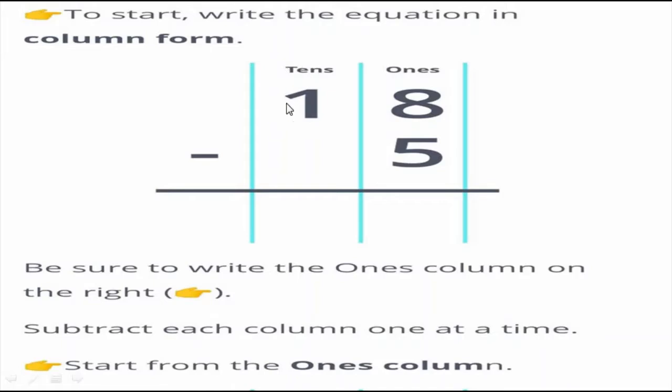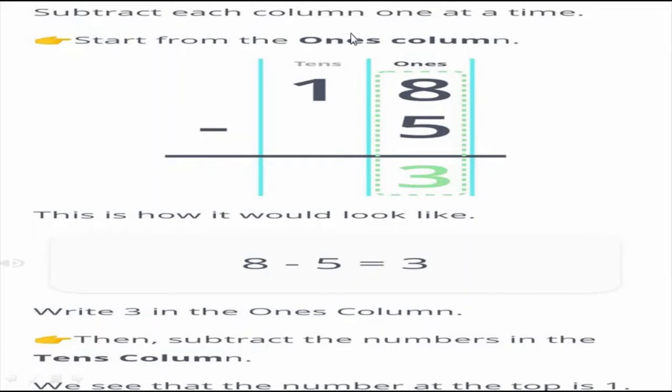We should not start counting from the tens column. Compulsory we have to start from the ones column, which lies on the right side of the sum.